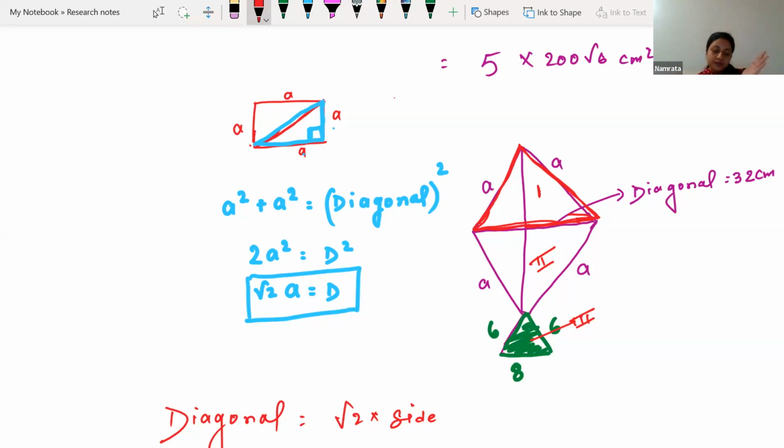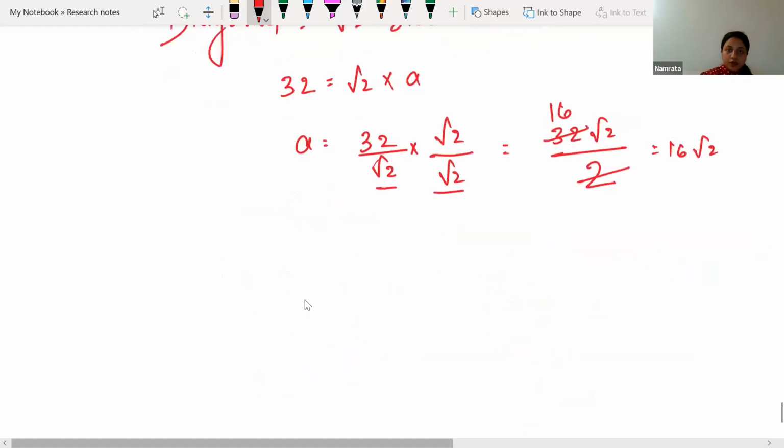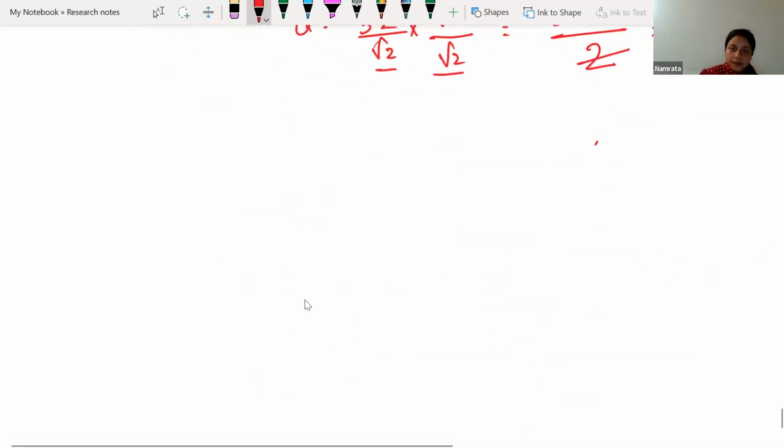Okay, so let's do it. If we will be focusing on the upper triangle, this one, we will be focusing on this triangle. Here we know the side we have already got 16 root 2.